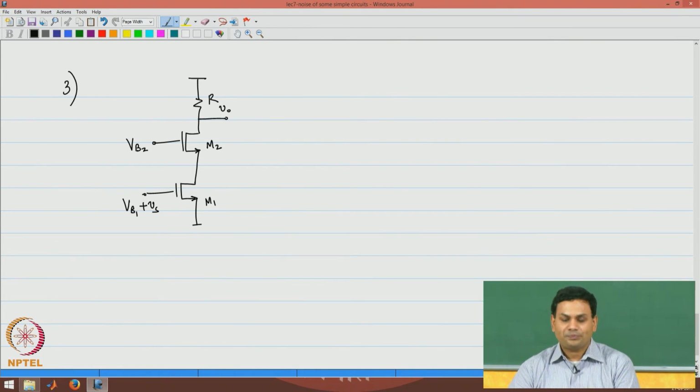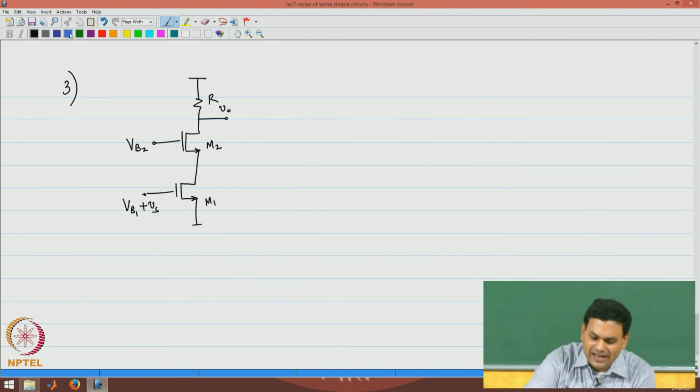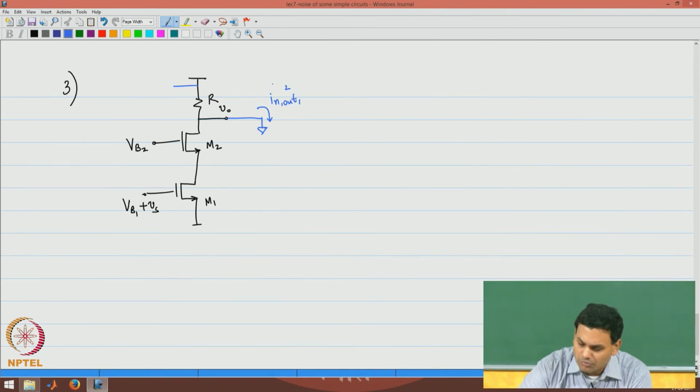And now I want to find out the input referred noise voltage of this particular circuit, and as before I am going to short circuit the output and look at the output short circuit noise current squared.